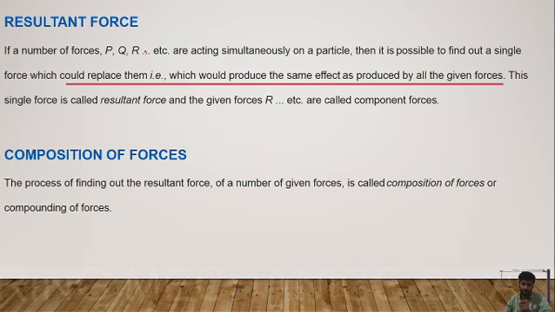If we have a number of forces P, Q, R acting simultaneously on a particle, then it is possible to find a single force which can replace them and which has the same effect as that produced by all three given forces. Suppose the three forces produce some tilting or rolling effect on the body; the resultant force should produce the same tilting or rolling effect on the same body with the same intensity as produced by the three forces. Then it is called the resultant of the forces.